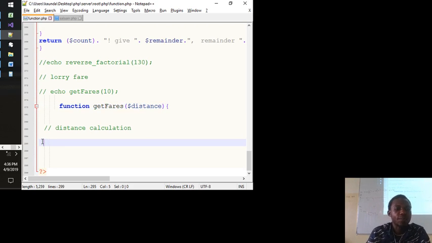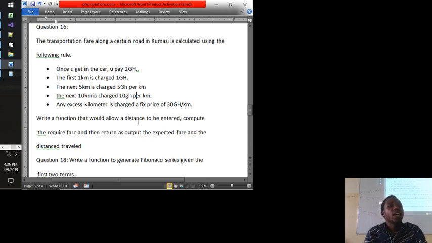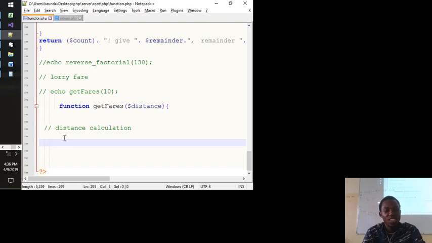So let's see. If we look at the question, once you get into the car, you are going to pay this amount, right? So these two cities, there's no way you can skip it. Let me call it car distance or travel cost.